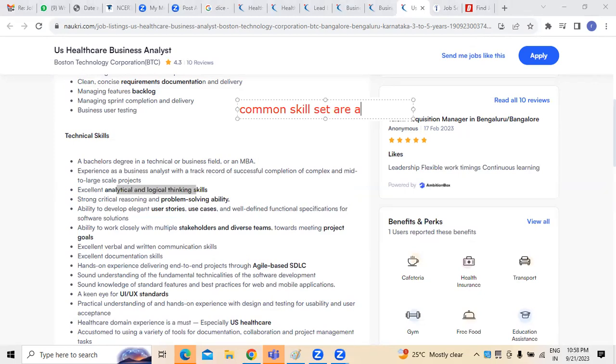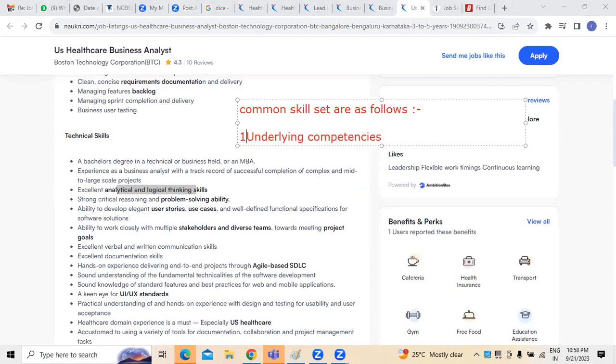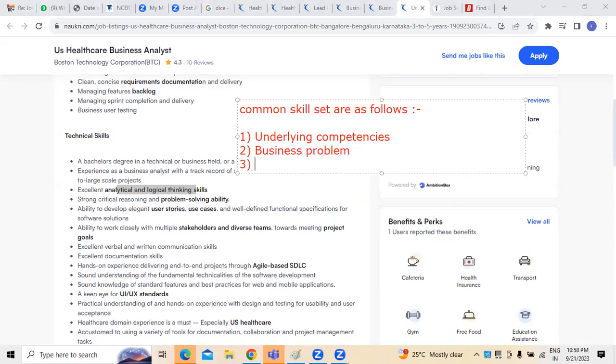Common skill sets are as follows. The first one is underlying competencies, meaning problem solving skills, decision making skills, etc. Second, trying to understand the business problem. Third, requirement analysis, design, and management skills.